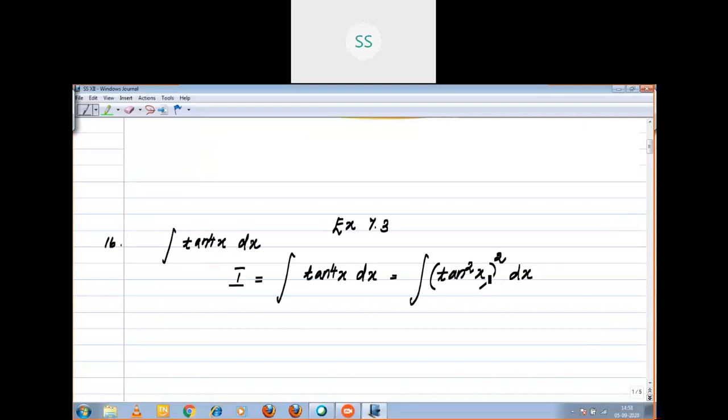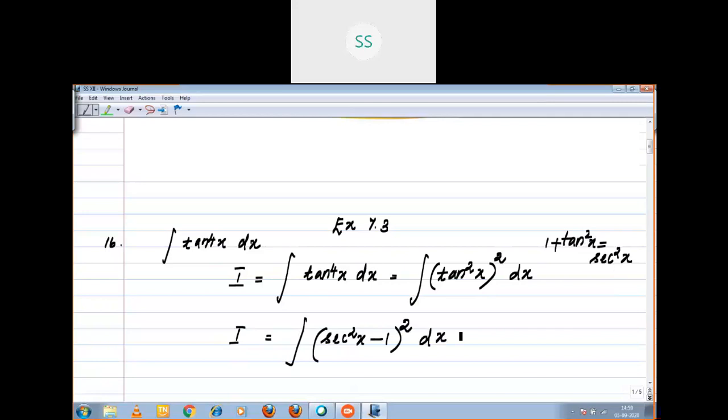Now I'm going to replace tan square using the trigonometry identity, 1 plus tan square x equal to secant square x. Then tan square x can be replaced by secant square x minus 1, the whole square, into dx.